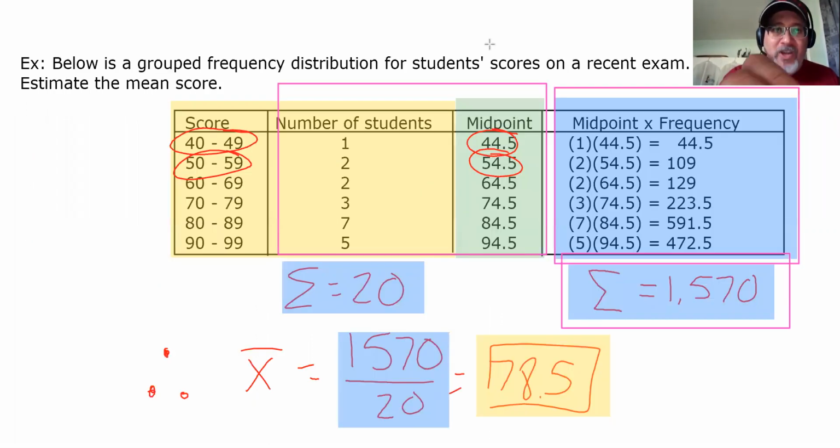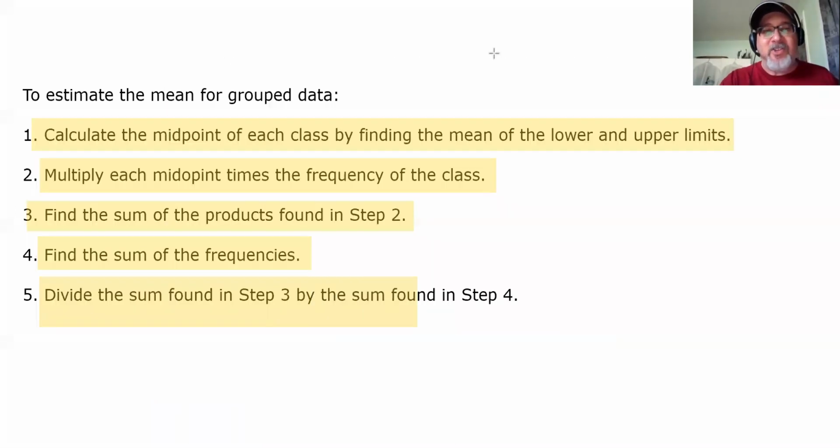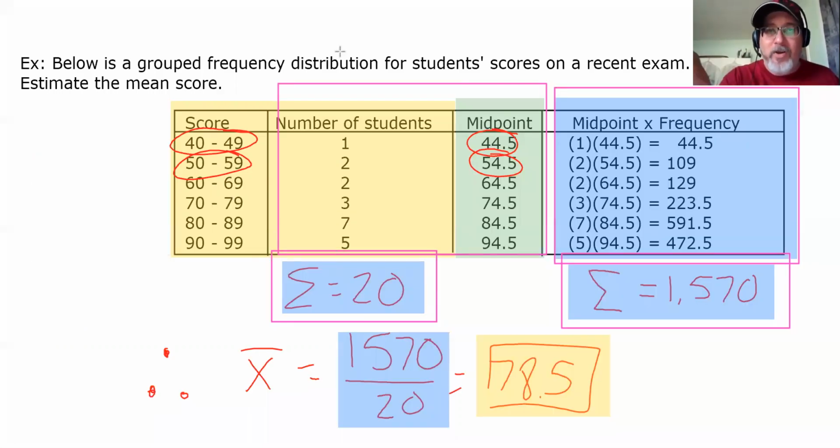In other words, our fourth step was to add up the second column, which we were given, to tell us how many students we had, or really how many numbers we're averaging. And then your last step, divide the sum found in step 3 by the sum found in step 4. So our last step was this division problem to give us that answer.